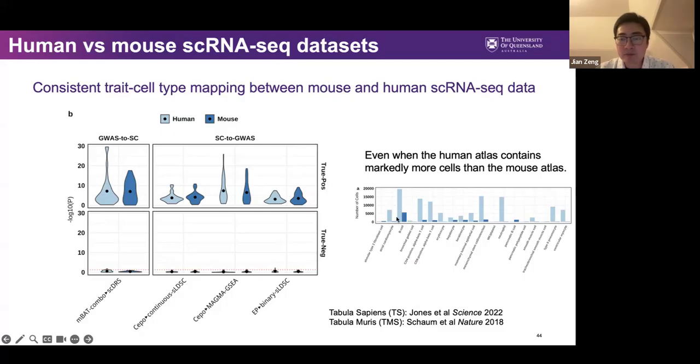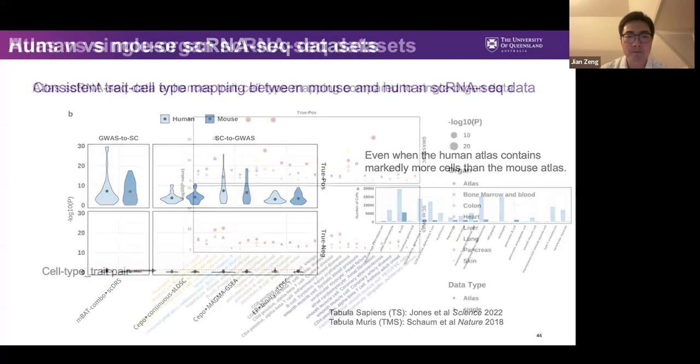Although there are more cells from humans, the power doesn't differ significantly between the two data sets, suggesting that using the mouse data is a promising approach for the initial analysis to study human cell type trait relevance.